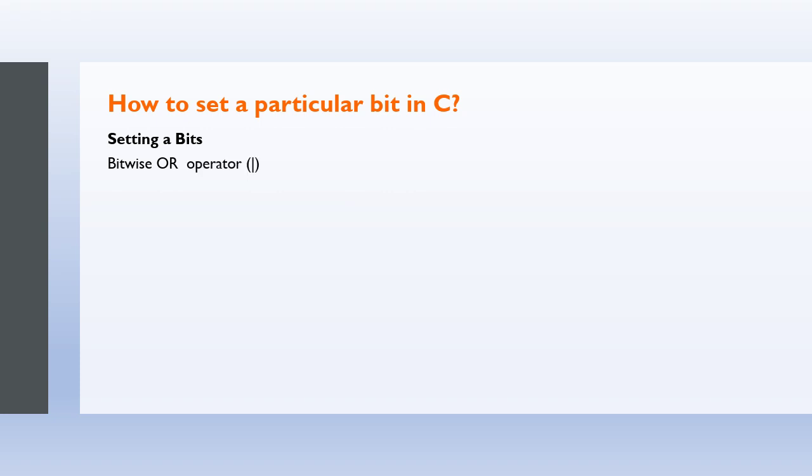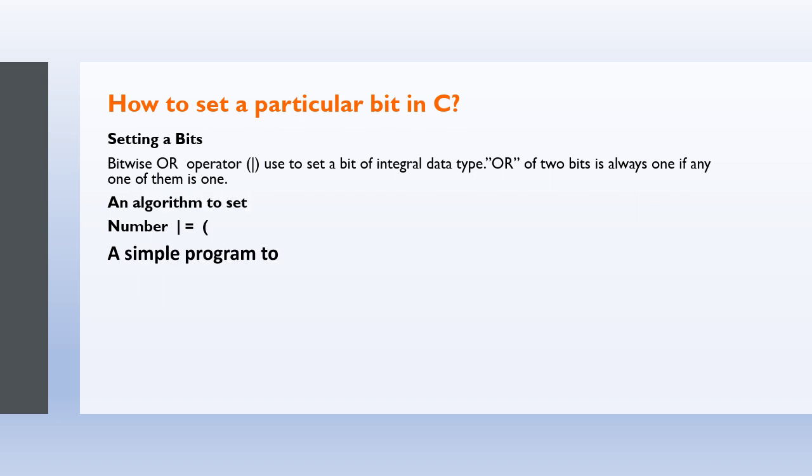OR of 2 bits is always 1 if any one of them is 1, as given in the truth table of OR. An algorithm to set the bit is number |= 1 << nth position, that is 0x01 shifted to the position we are setting.